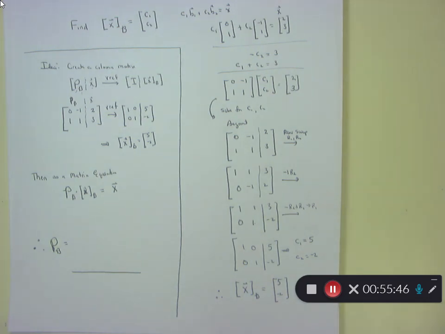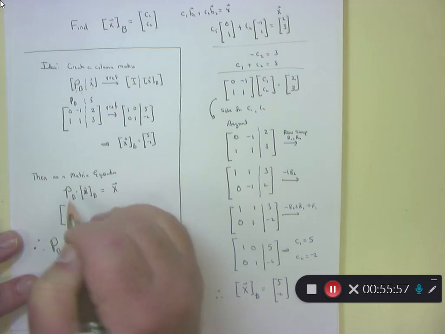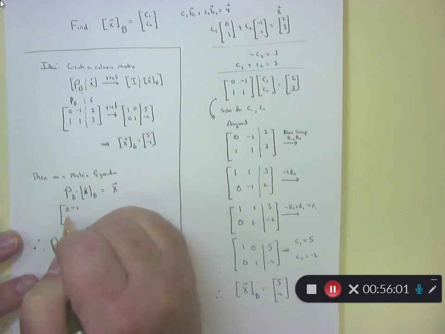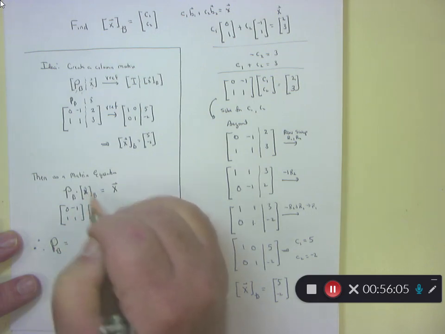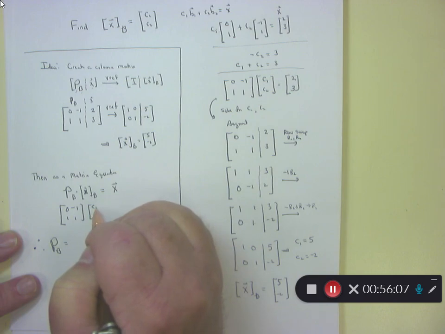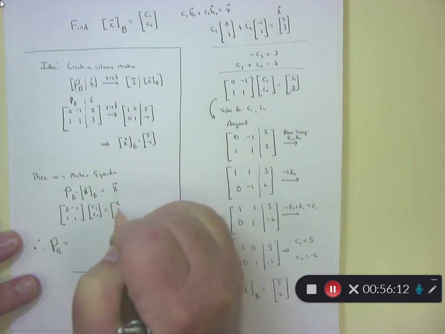So, what if I want to go the other way, okay? So, in terms of this, look at this particular equation. This right here, this was your P relative to B. This was the 0, negative 1, 1, 1 matrix, multiplied by the coordinate vector C1, C2, was equal to the X vector, which is 2, 3.